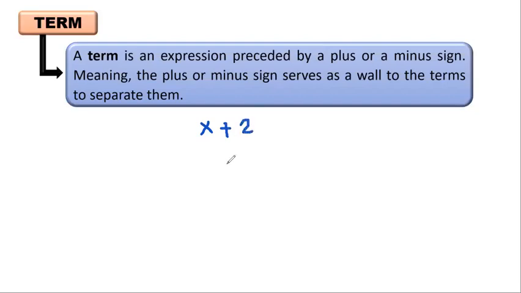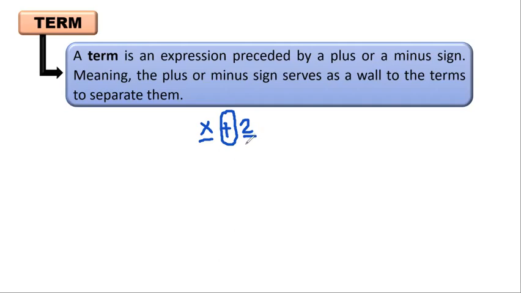So we can identify the terms by just separating those numbers and variables that are separated by a plus or a minus sign. Here we have the plus sign, therefore we will separate x and 2. Hence, for this example, we have two terms. The first term is x, and the second term is 2.